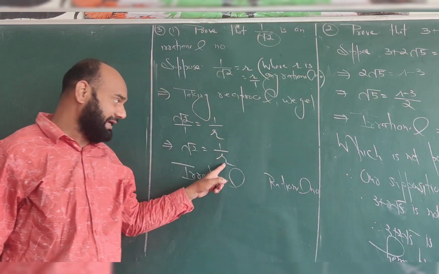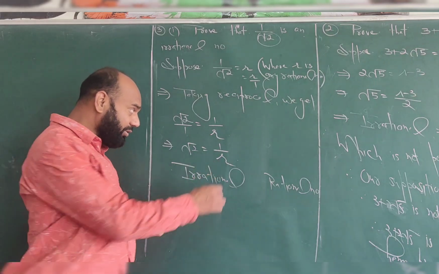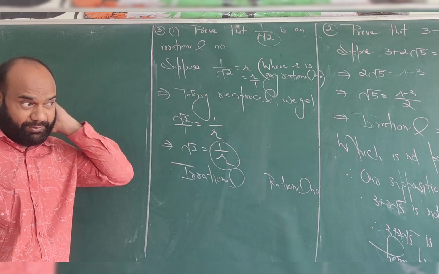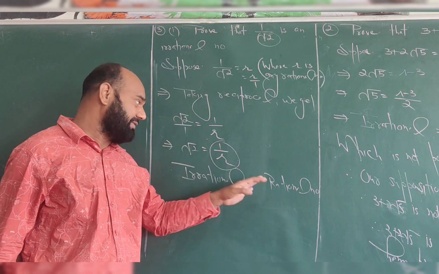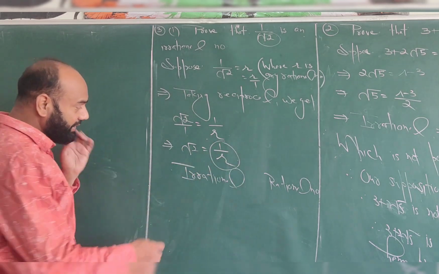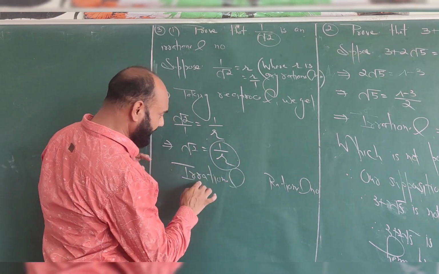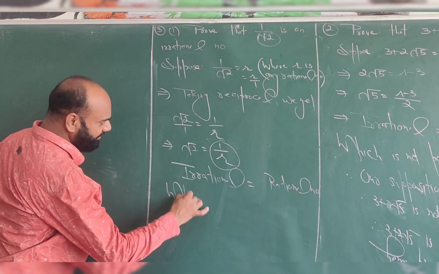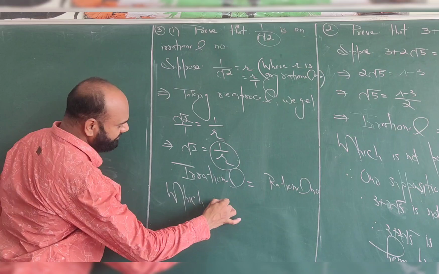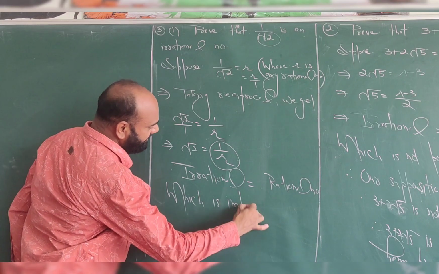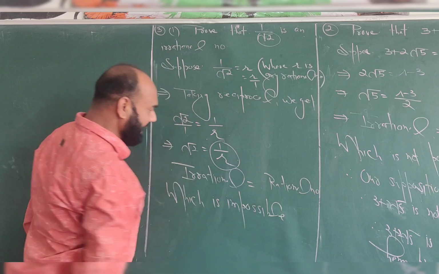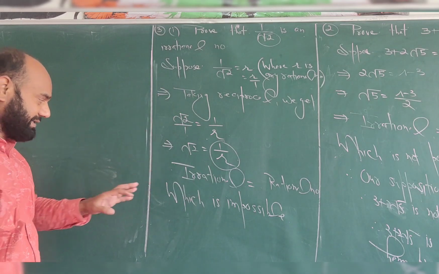So here we obtain an irrational number equal to a rational number, which is impossible, because we know any irrational number cannot equal a rational number.